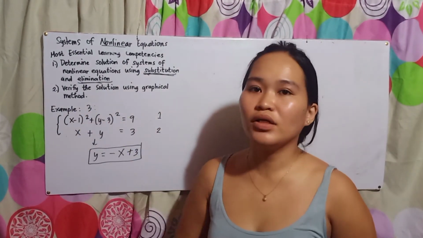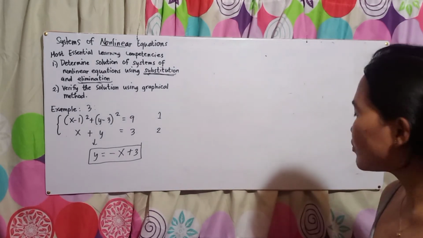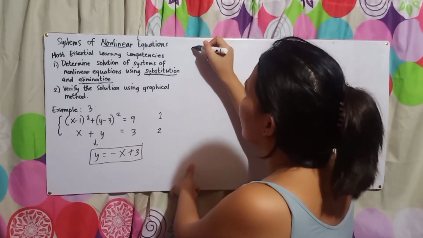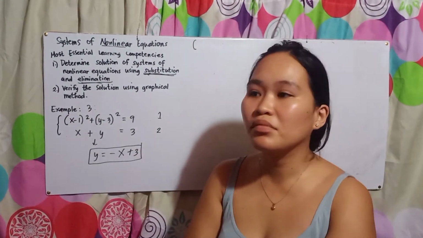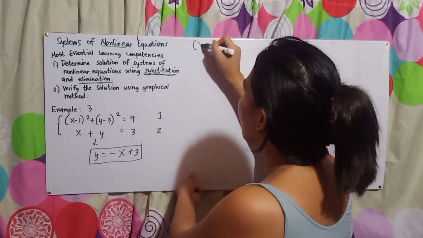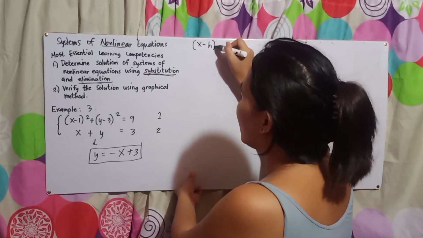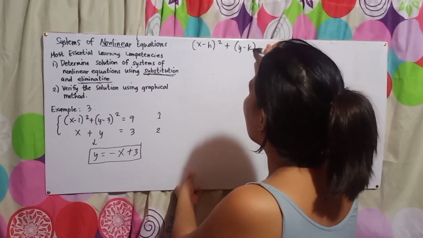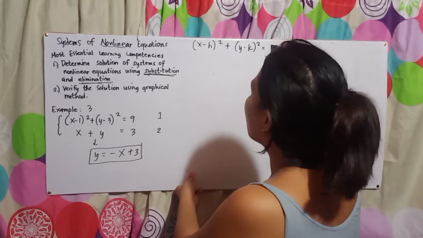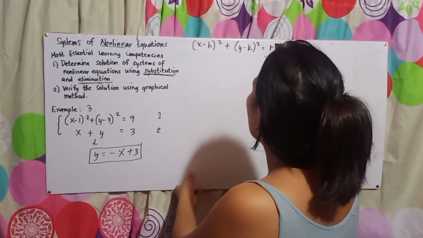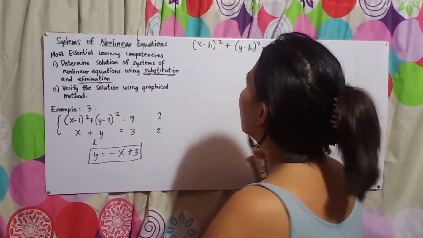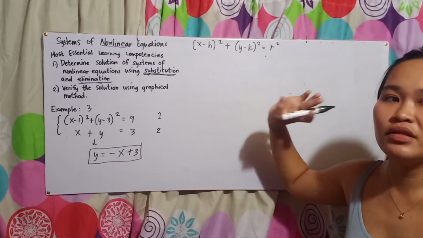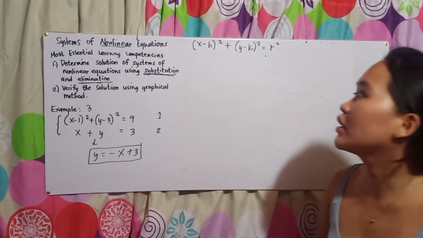Okay, since ang equation 1 is circle, so ang general form sa circle kay x minus h squared plus y minus k squared equals r squared. So, mao ni ang general equation sa circle.